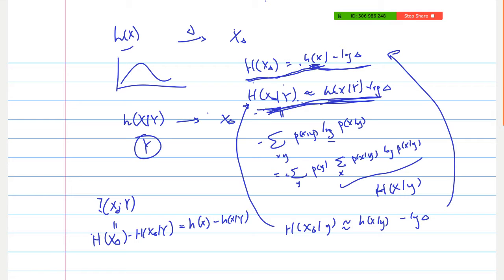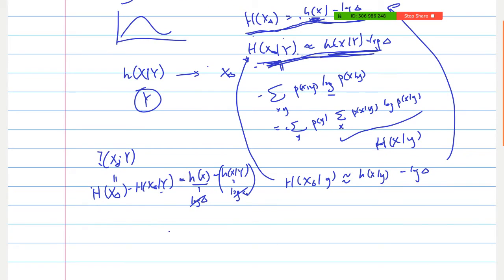This is minus log delta, and this is minus log delta, and then log delta will be cancelled. So what's nice is that when you talk about mutual information, because this log delta is cancelled, no matter whether you're talking about a continuous random variable or a discrete random variable, it doesn't, how should I put it?